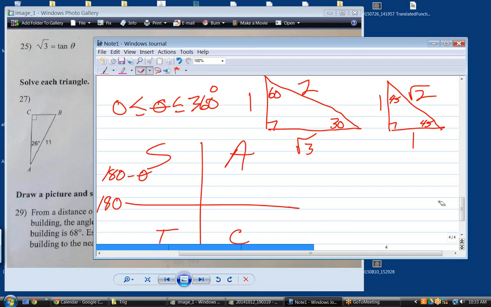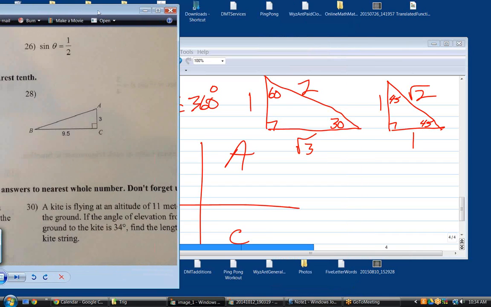So 60. Okay. And let's see. Tangent, so it would be in the third quadrant again. Okay. So 240. Uh-huh. Okay. Yeah, you're just adding the 60 to this 180. Right.